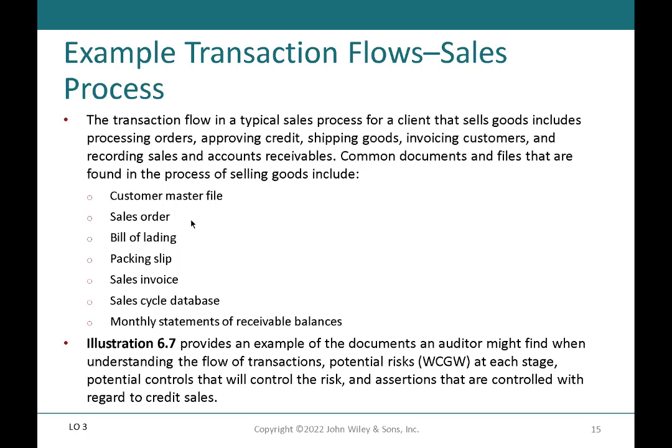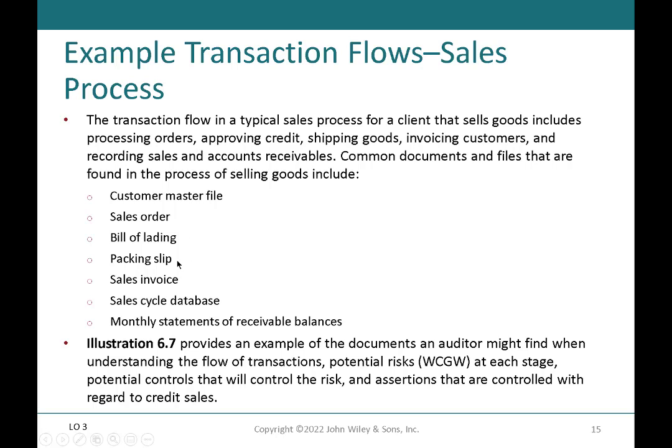And once we actually make the sale and we're getting ready to ship the products out, there's a couple additional pieces of documentation that we're going to be working with. The bill of lading typically is prepared by the transporter of the goods. Basically, it's used as verification that the goods we're actually shipping have been received by them and are in fact in transit.